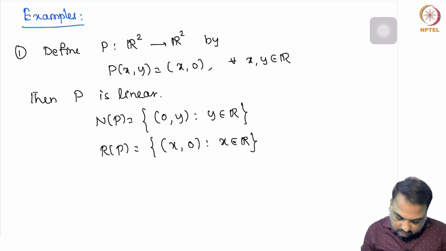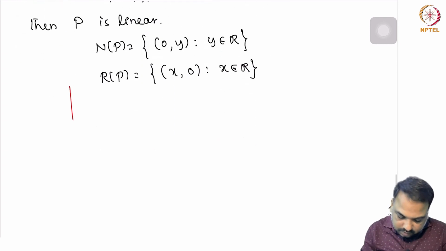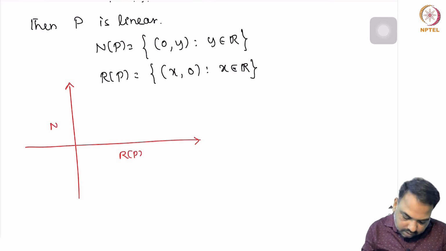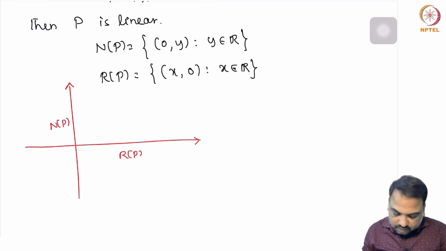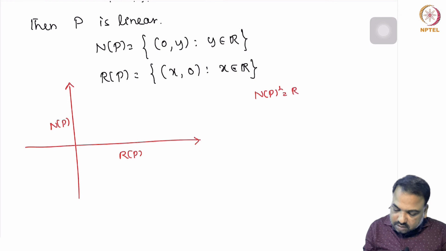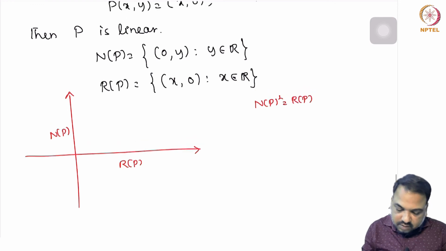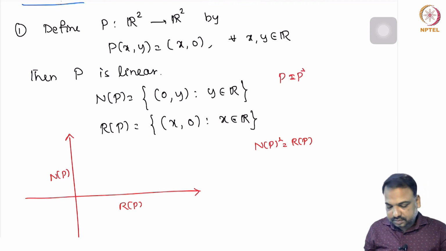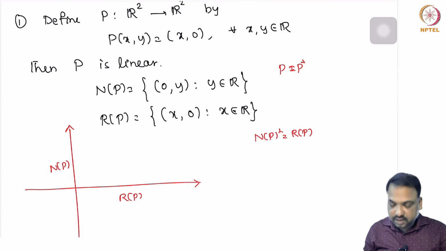So we can say that this is the range of P and this is the null space of P. So null space of P perp is exactly the range of P. Here we can easily show that P is also self-adjoint, and the range of P is closed here.